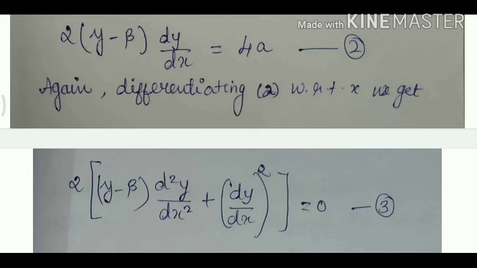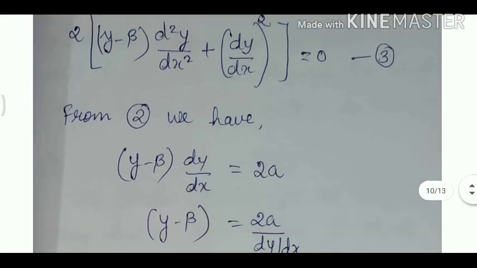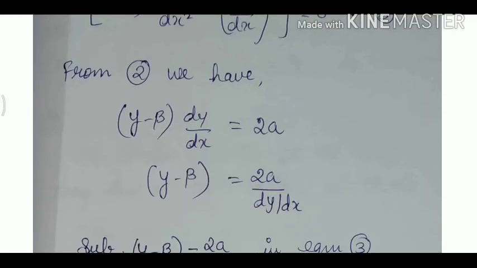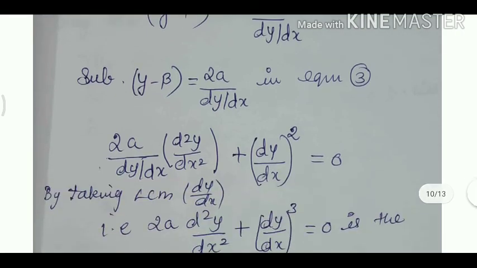So from 2, we have (y − β) dy/dx = 2a. Okay, so first I am finding the value of y − β. y − β = 2a/(dy/dx). Substitute this y − β value in equation 3. Equation 3 is (y − β) d²y/dx² + (dy/dx)² = 0. In place of y − β, I am substituting this value.